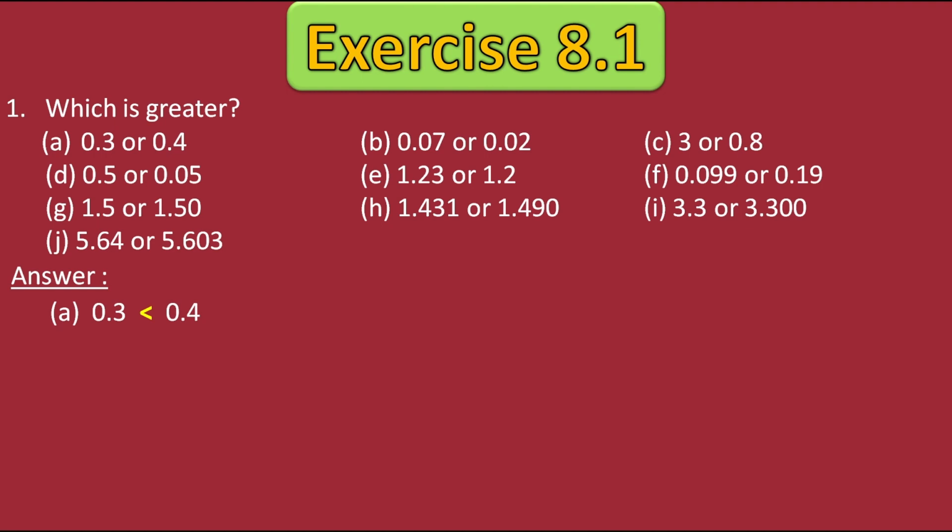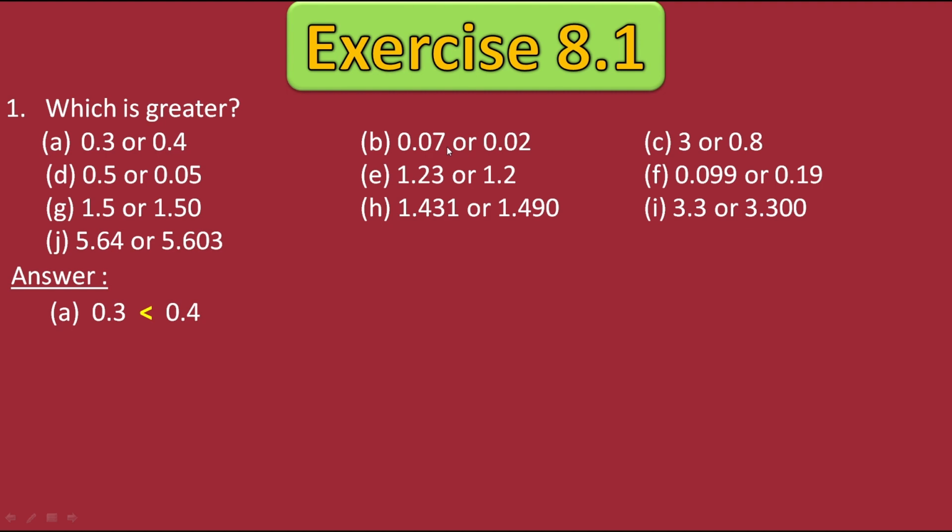Now let's come to the next one. Here we have 0 as the whole number, and 0 is equal to 0. After the decimal point we again have 0, so 0 is equal to 0 again.